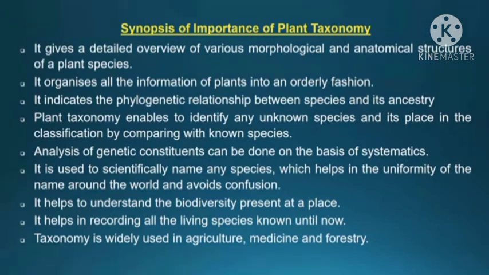Analysis of genetic constituents can be done on the basis of systematics. It is used to scientifically name any species, which helps in the uniformity of the name around the world and avoids confusion. It helps to understand the biodiversity present at a place.